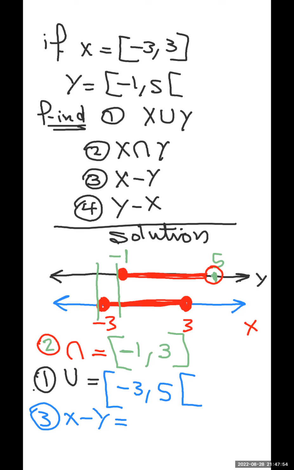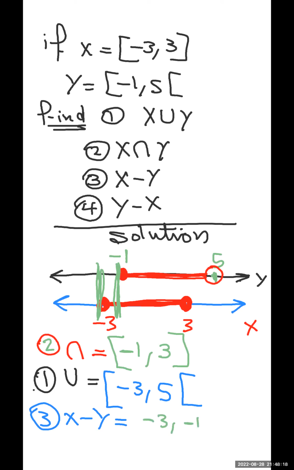Yes. So this area is only inside x, not in y, because the remaining x is already in y. Right, guys? Right, Mr. So this means the only part which exists in x, not in y, is this area, -3 and -1.